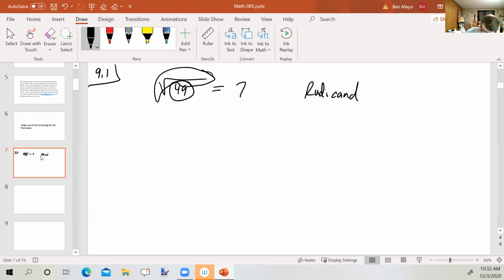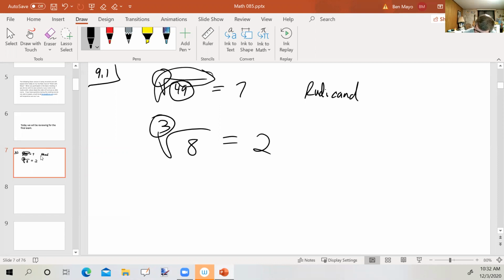This symbol here is called a radical. And let's say we have the cube root of 8, which is 2. This number is called the index. If you're taking a square root or a second root, the index is an implied 2, but is not necessary to be written. But any other index, you do have to write it, whether it's cube root or fourth root, etc., etc.